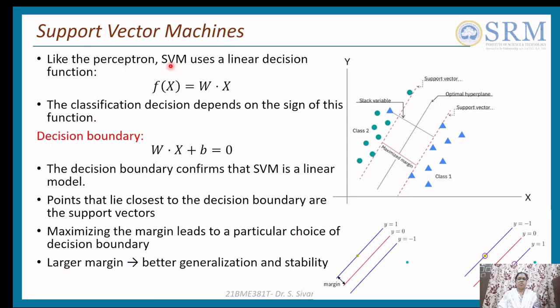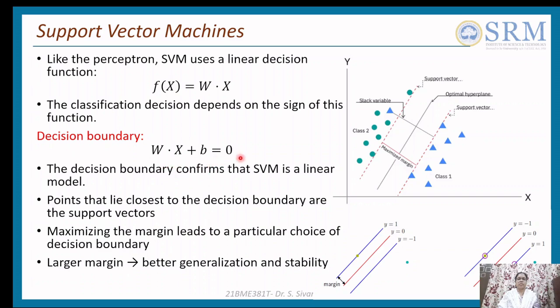Like the perceptron, the SVM uses a linear decision function, so the classification decision depends on the sign of this function. Your decision boundary becomes the same: Wx plus b equals 0.